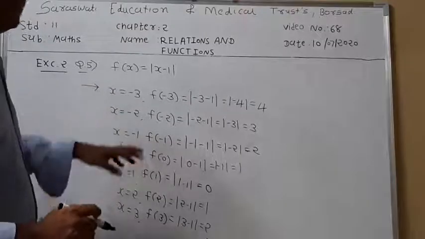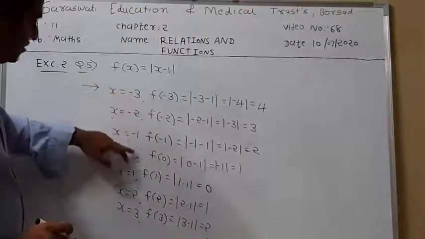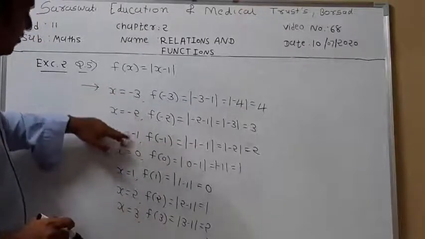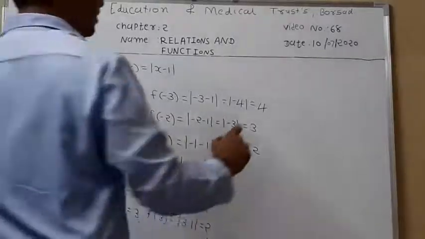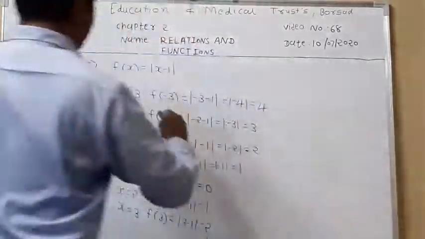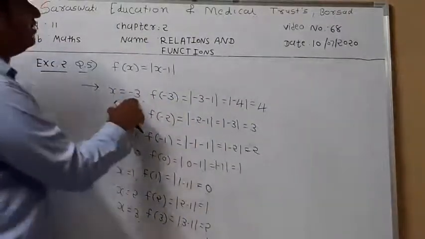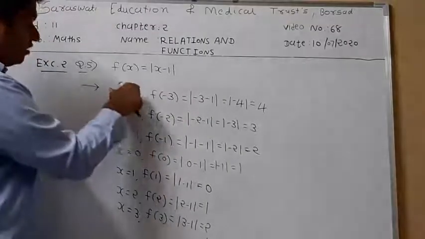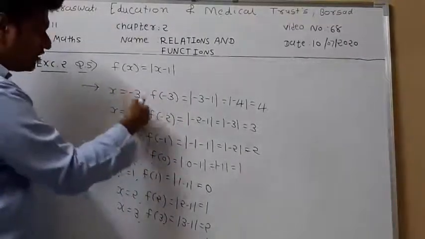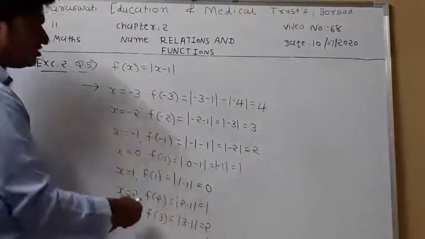So see here, in the domain we can substitute any negative number, 0 as well as positive numbers, and here we are talking about real numbers. So we can consider minus 3.5, minus 2.5, all these real numbers.